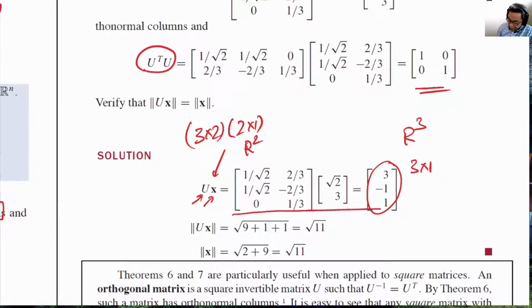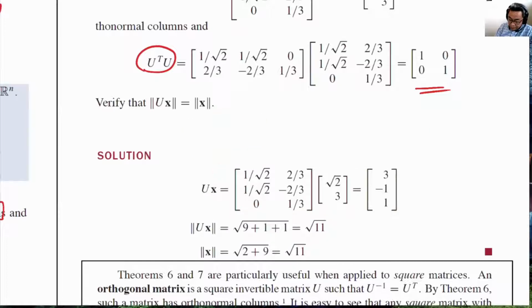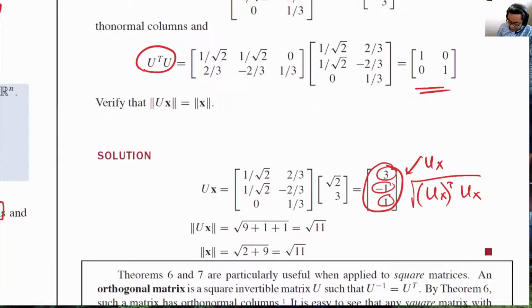This is the brute force computation. You can try it by yourself. Once you have found Ux, you can find its length simply by taking these values and finding the square root of Ux transpose Ux. Basically, the entries are squared, so this is 9, this is 1, because minus 1 times minus 1 is 1, 1 times 1 is 1, so we are summing the squares and performing the square root.